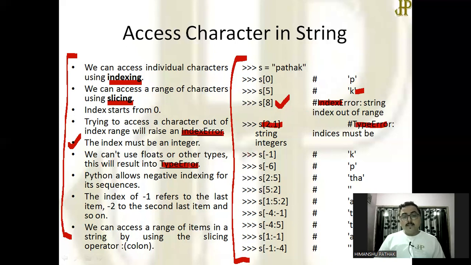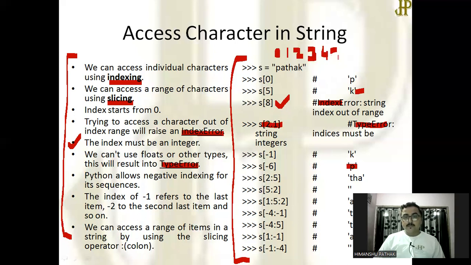We already heard that negative indexing is possible. So here I have taken S of -1. It starts from right to left. So the last character will be printed, that is K. This is -6. So it will print the first element of the string. How? P is 0, 1, 2, 3, 4, and 5.